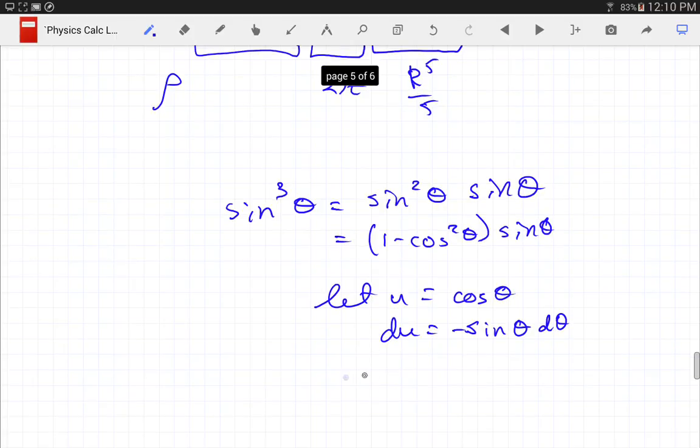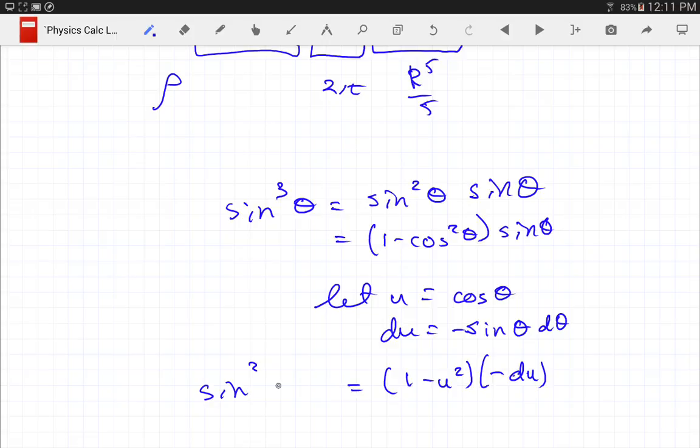And then you have sine cubed theta is equal to 1 minus u squared times minus sine theta d theta. And that's very easy to integrate.